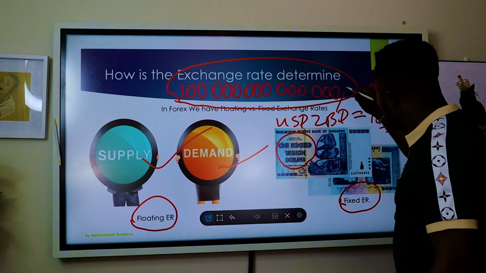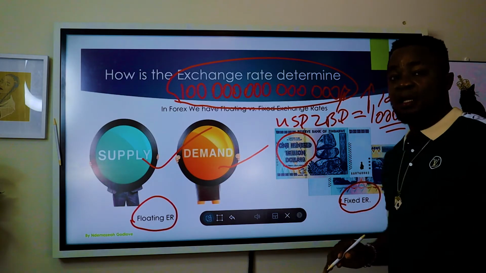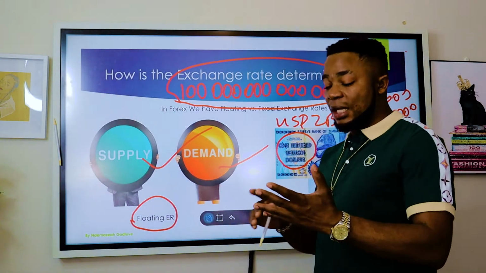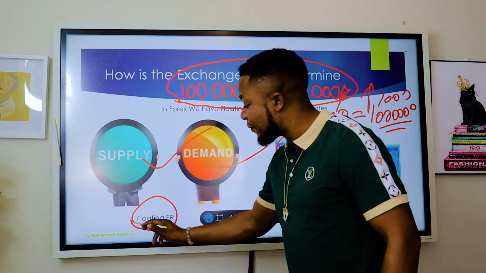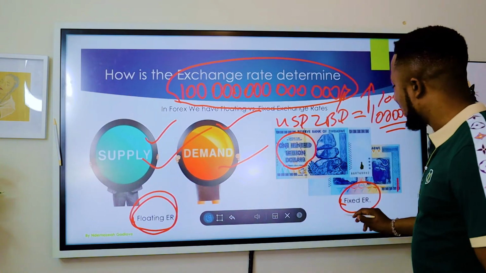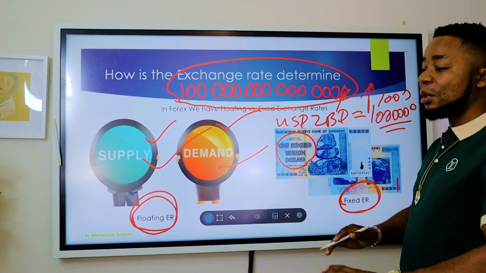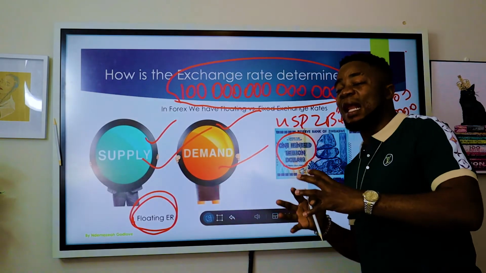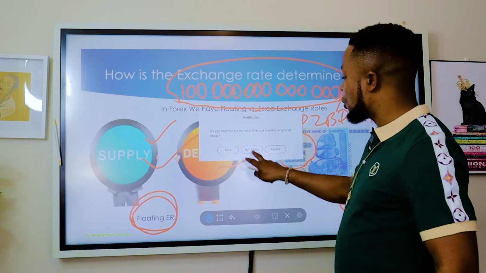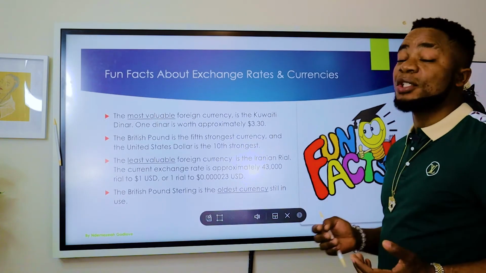Even if the demand for the Zimbabwean dollar goes up, nothing will change, because they have a fixed exchange rate. So that's how exchange rates are determined. They can either be floating, by the power of demand and supply, or fixed, mostly by that particular economy to be able to stabilize an overinflated currency.